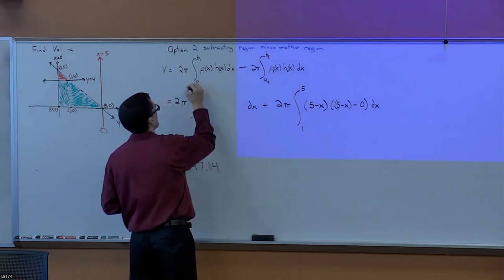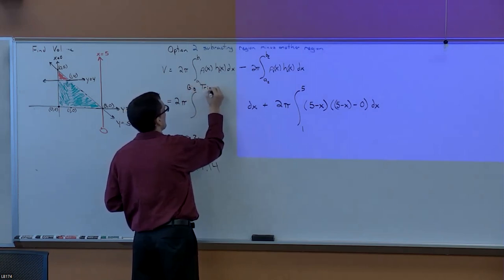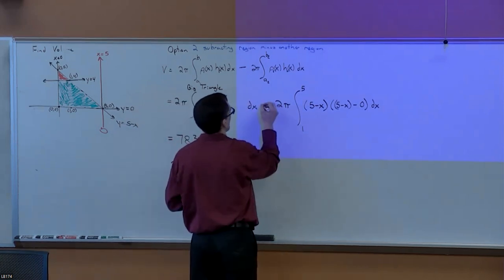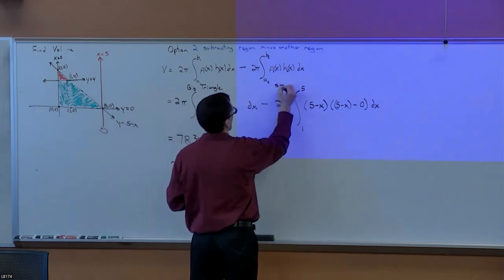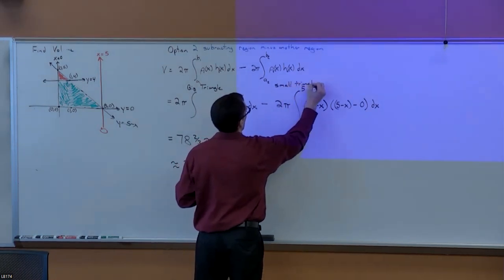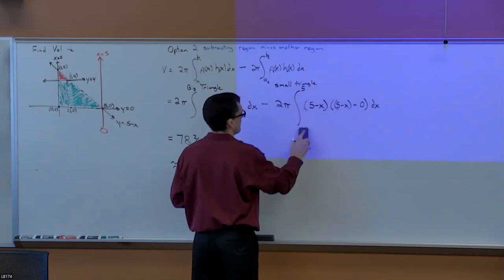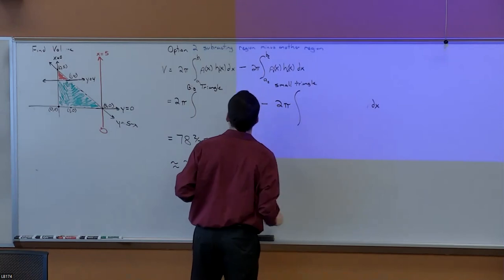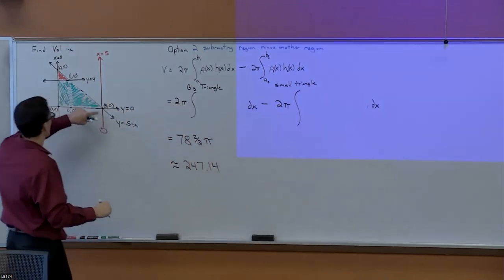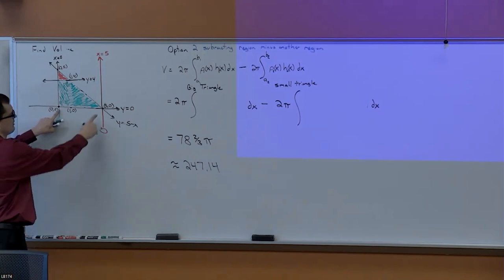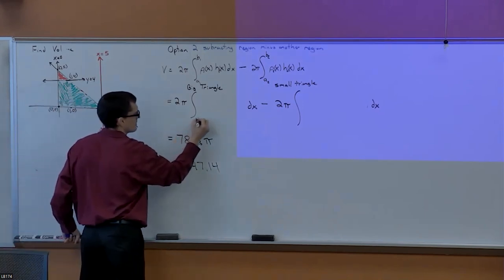All right, so we do the big triangle minus small triangle, rotated around, obviously. So I'm talking about the region that I'm rotating there. All right, so let's talk about the big triangle. Big triangle goes from 0 all the way to 5.